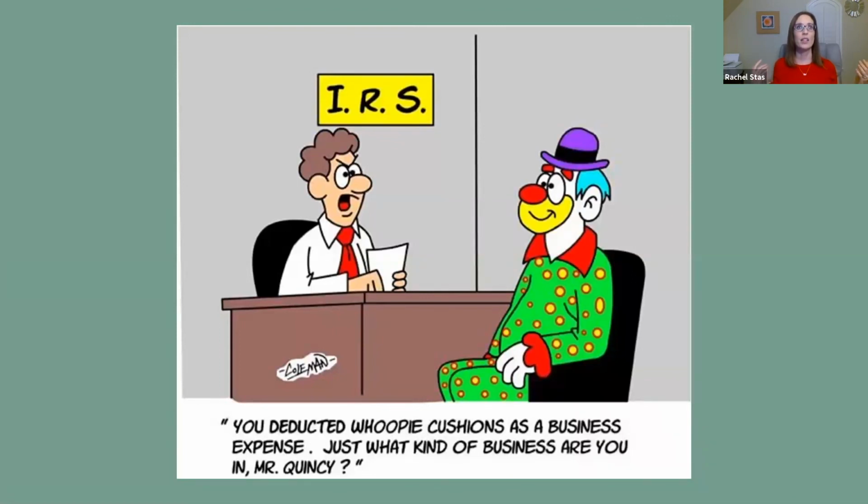So you can deduct your artist smock or paintbrushes, but if you buy a Chanel necklace, no, you don't get to do that. That's not ordinary or necessary, though it might be beautiful. That is the rule of thumb.